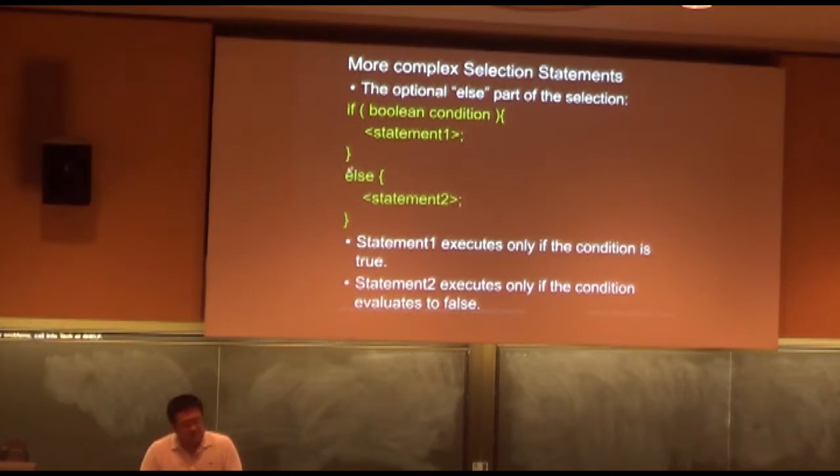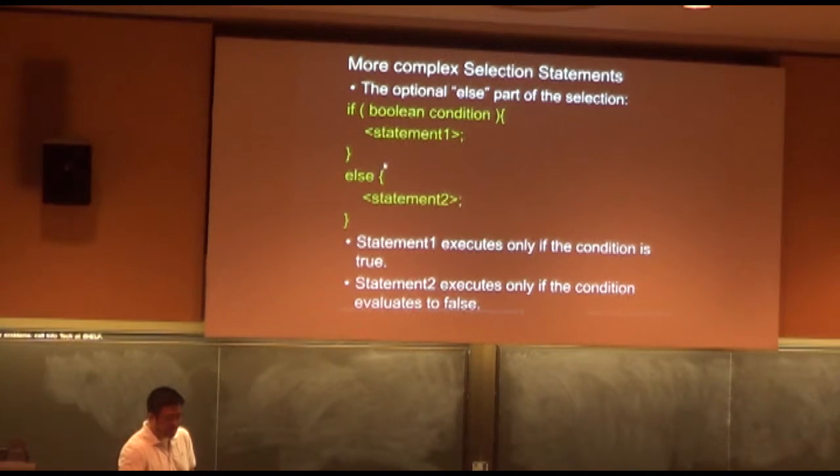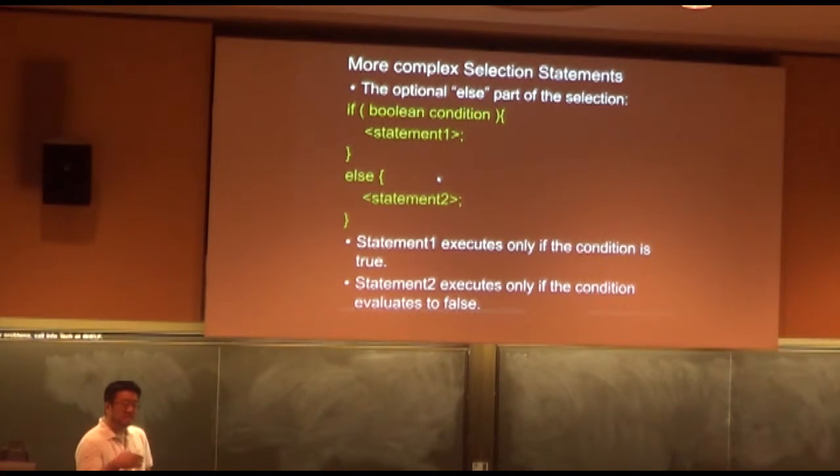The else statement appears immediately after an if statement. It can't appear after some number of statements in between. So it must happen immediately after the curly braces of the if statement. The way that it works is you simply have the word else and a second pair of curly braces with statements inside that. And the second set of statements only run if the Boolean condition evaluates to false.